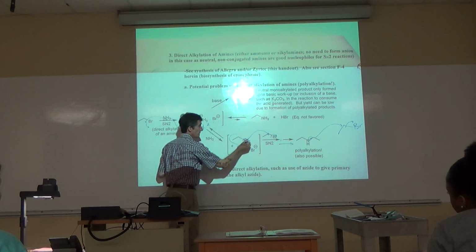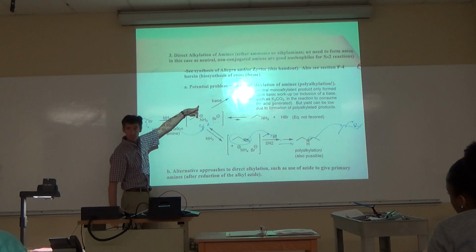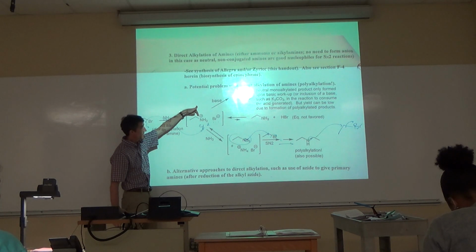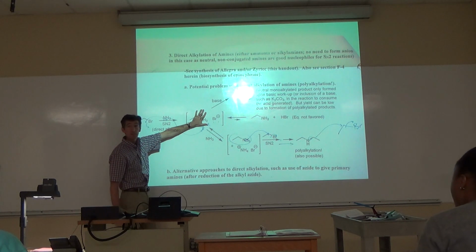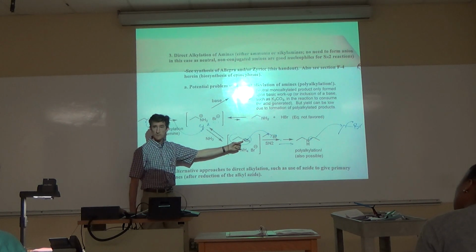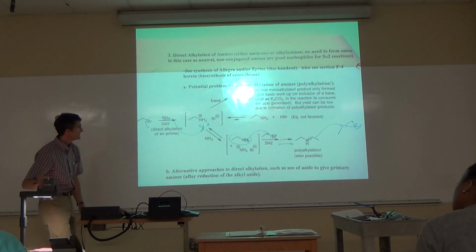And that's how you end up with this. Because, can this act as a nucleophile? No, it doesn't have a lone pair. So if it just stayed like that, you would not polyalkylate. But it doesn't stay like that, because ammonia comes over here and deprotonates it and makes it neutral again. Now it can continue on. Okay, that is a possibility.